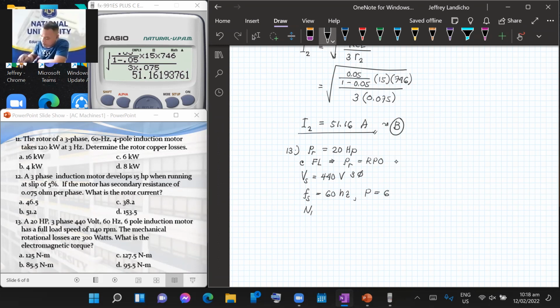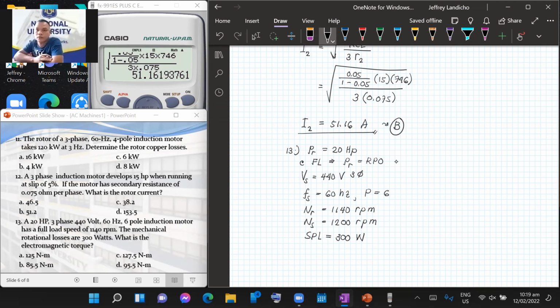Full load speed, it is referring to rotor speed of 1,140 RPM. Kaya kahit hindi na natin compute si NS, alam natin this is 1,200 RPM. Mechanical rotational losses, sino yun? That is the SEM. No? The mechanical rotational losses is 300 watts.